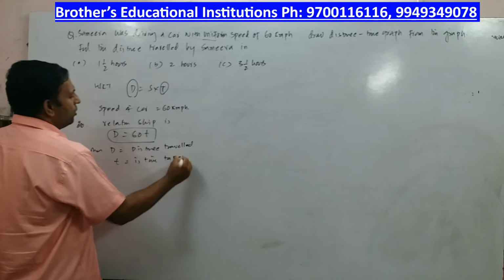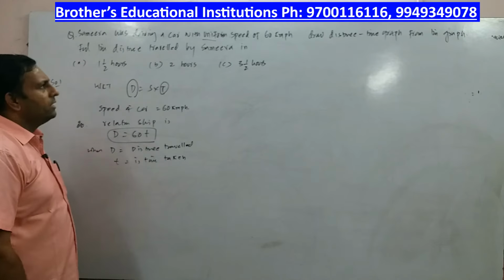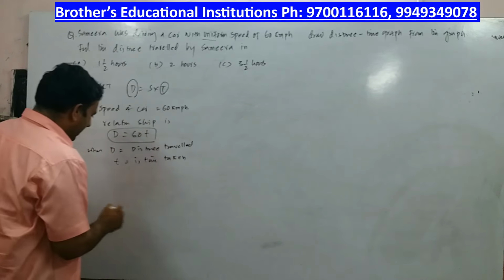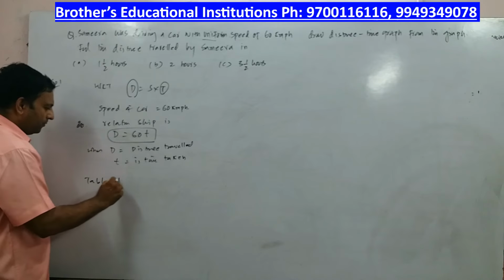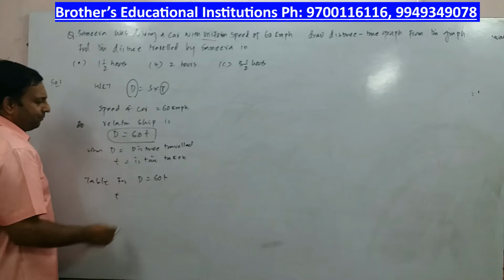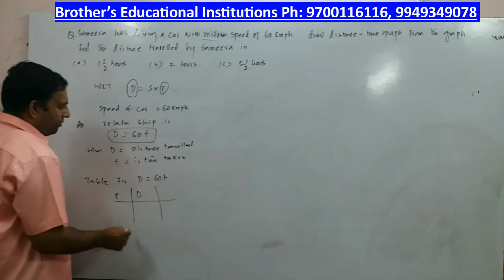Alright, these are the variables. So this is a linear relationship between two variables. I need to draw the graph for that. In order to draw the graph, you need to have a table for d is equal to 60t. You have t and you have d calculation. Based on that, you have to write t comma d.